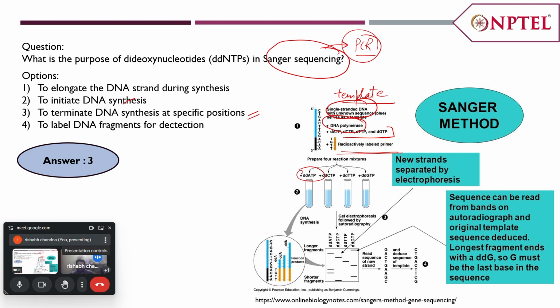Okay, so as you might know, in a normal dNTP structure, this is the first carbon, this is the second carbon, third carbon, fourth carbon, and it's attached to the fifth carbon. To the fifth carbon, the phosphate group is attached. That's why it is called the 5' end.